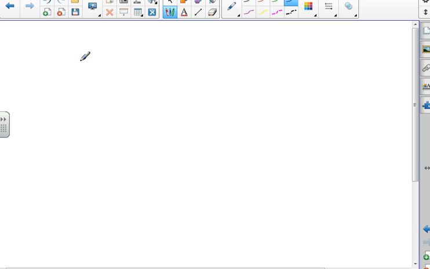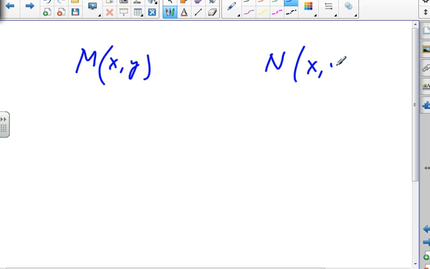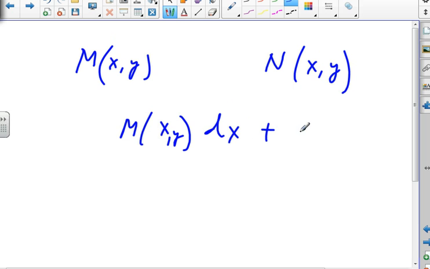It says, if I have two formulas, m of xy and n of xy, and I have m of xy dx plus n of xy dy is equal to 0.